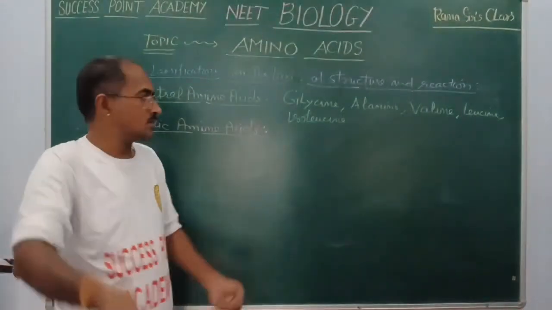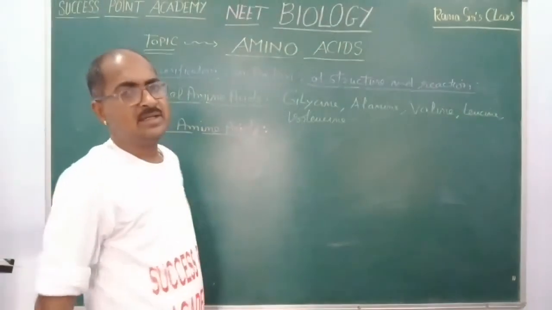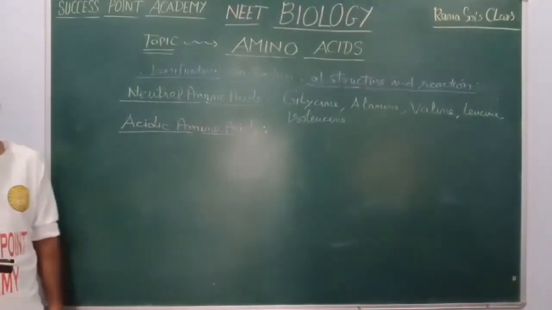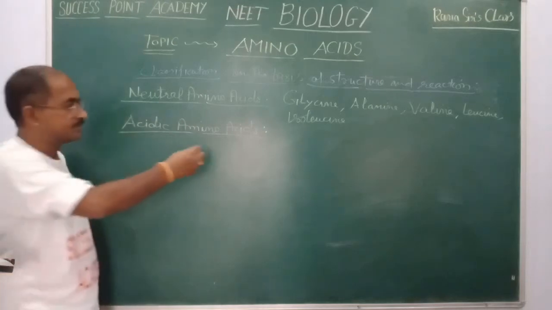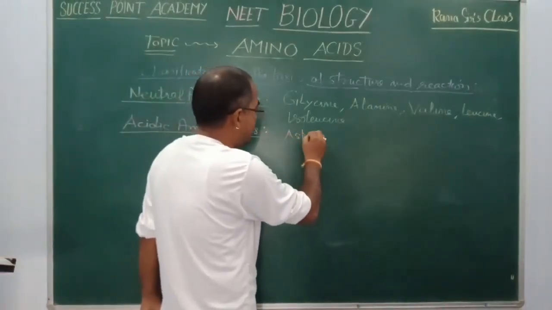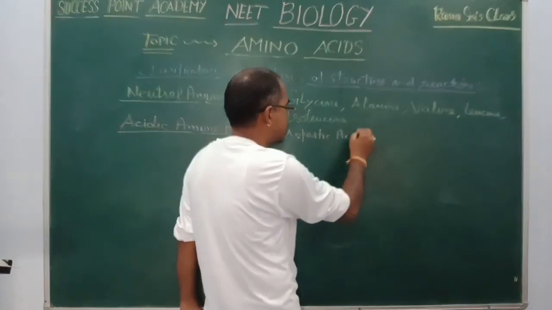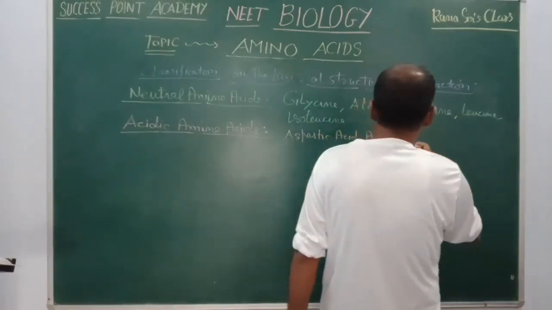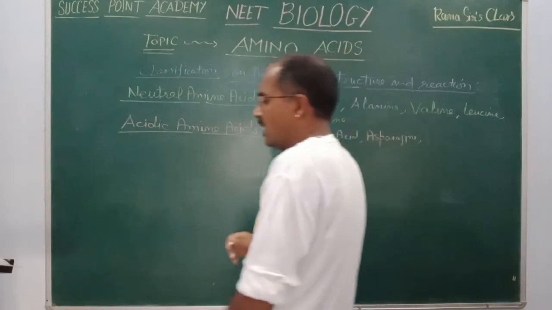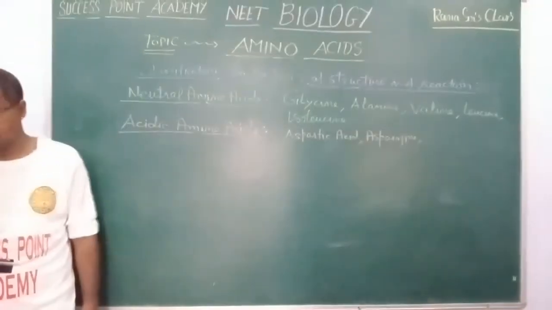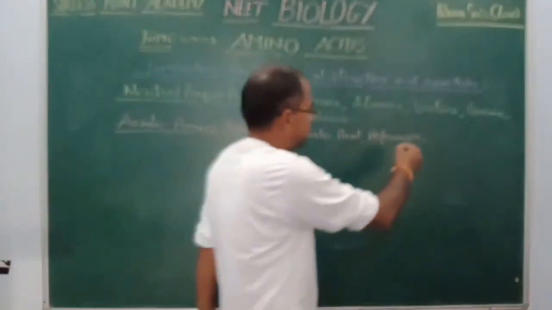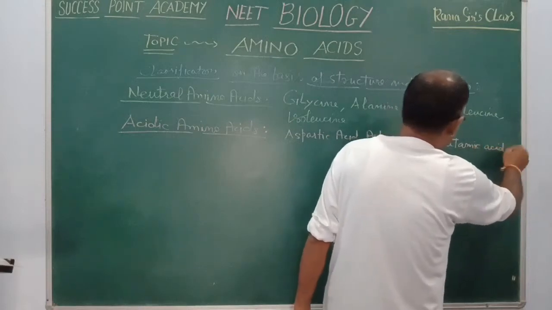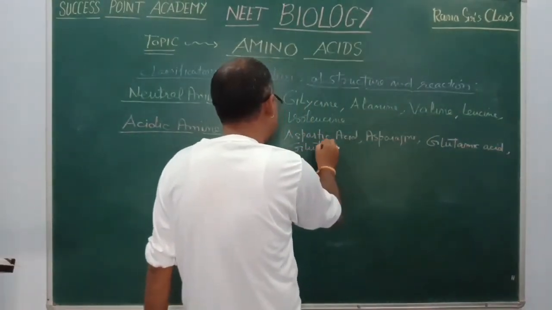So extra carboxylic acid will be there in acidic amino acids, and their examples will be aspartic acid, asparagine, glutamic acid, and glutamine.